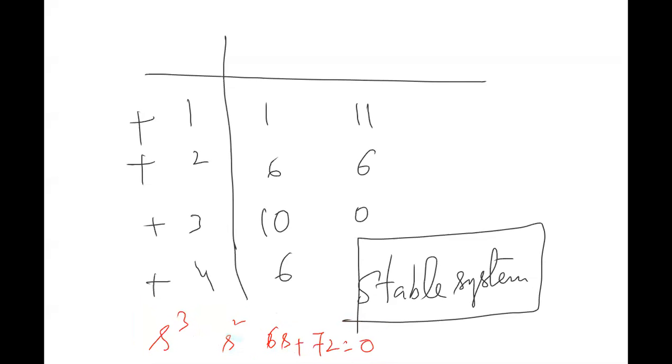Just take this question. I just wanted to change the constant only, nothing else. S cube plus 6s square plus 11s plus 72. Sorry. So I have given three questions. One is coefficient 66, one is coefficient 6, one is coefficient 72.